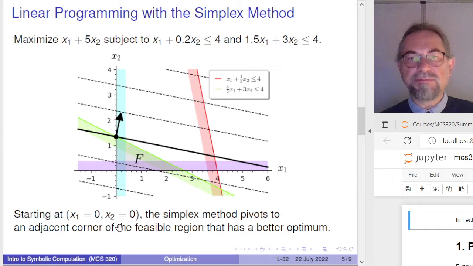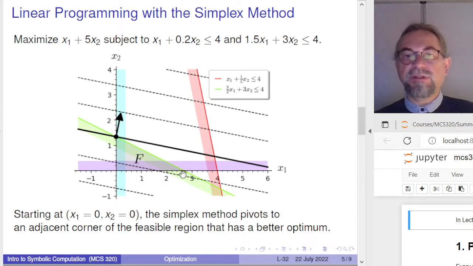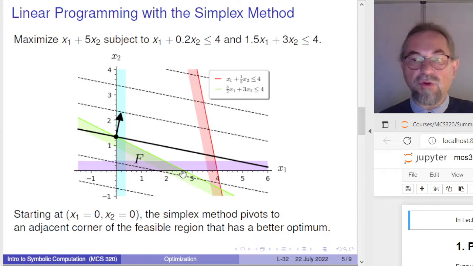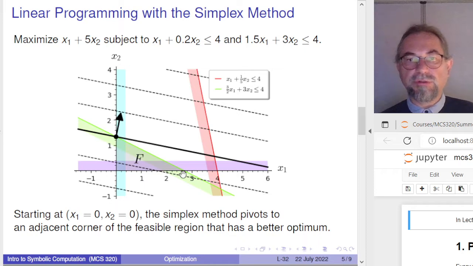That happens by producing values of x2. And we push x2 until we hit one of the constraints, and that's here the constraint drawn by this green half plane. So the simplex method pivots from one corner to the next corner.